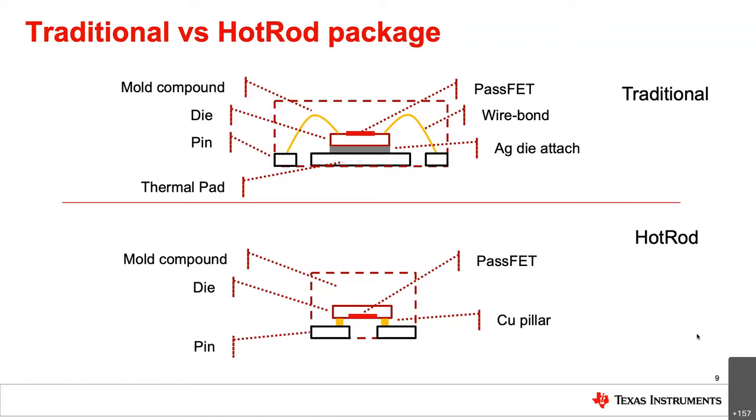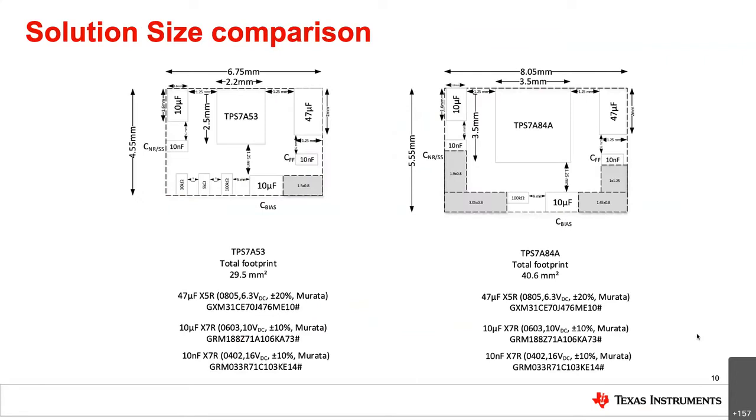Now, in order to prove this, we ran an experiment with the TPS7A53 versus the previous generation TPS7A84. Here's a total solution size comparison between the two devices with the external components included using the same bill of materials. As you can see, there's about a 55% reduction in the size of the device and about a 27% reduction in overall solution size.